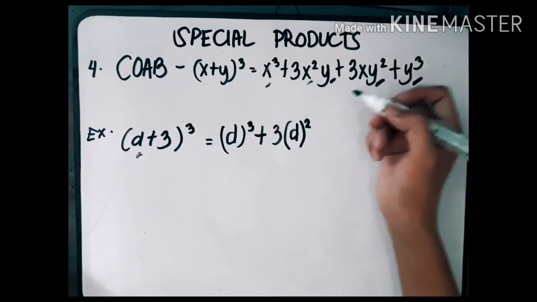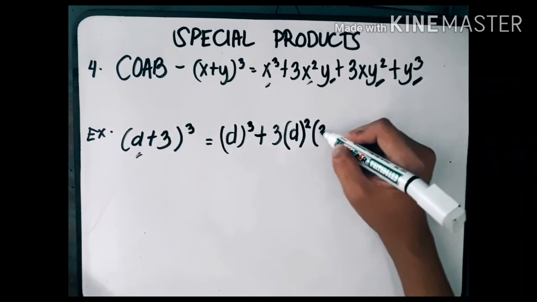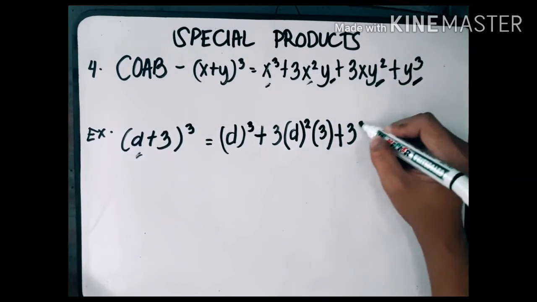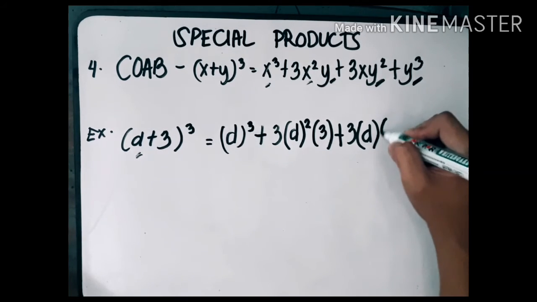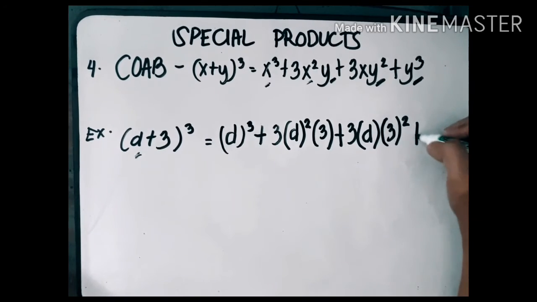So, square natin yung first term and multiplied by the second term, which is 3, plus thrice the product of the first term and the square of the second term, plus the cube of the second term, which is 3.